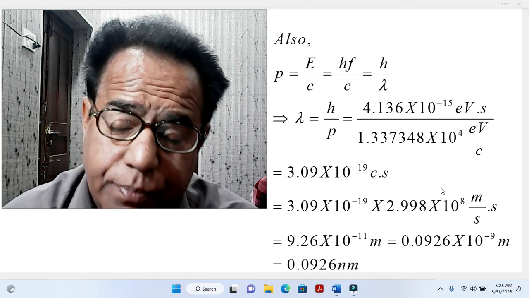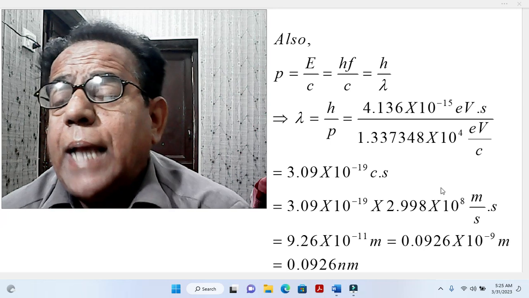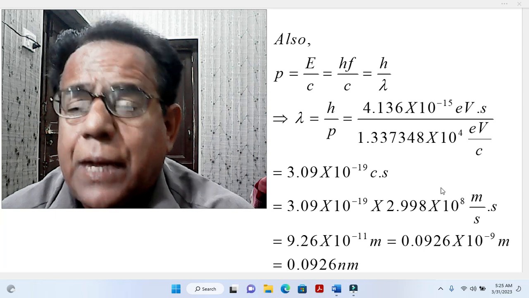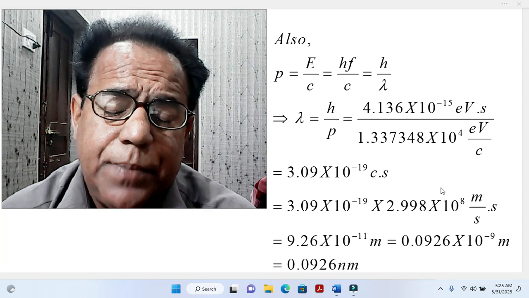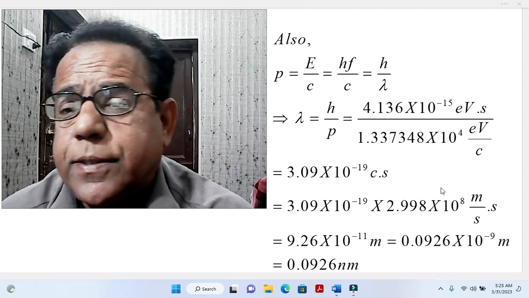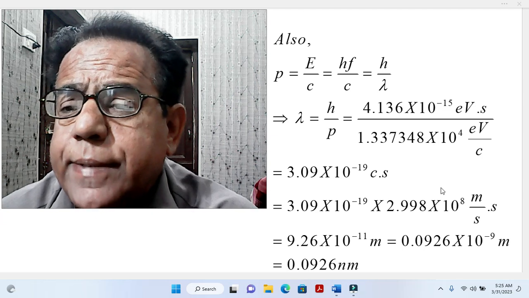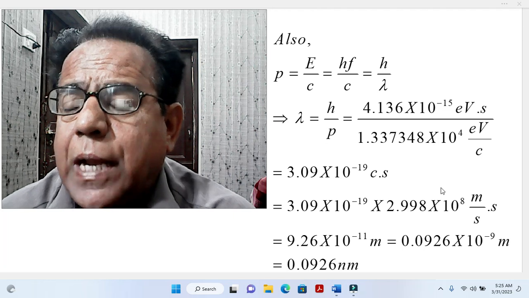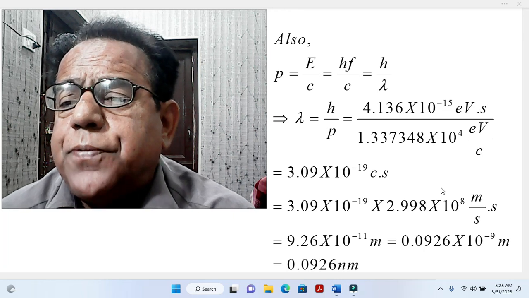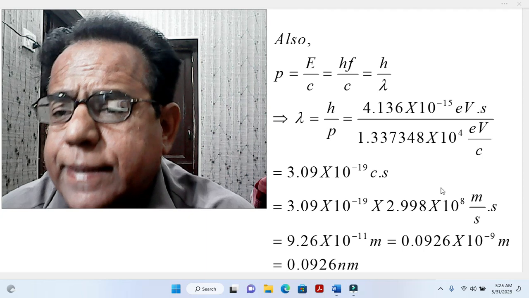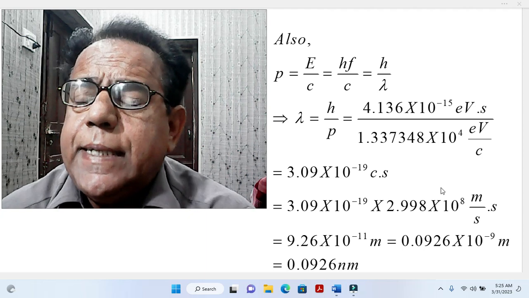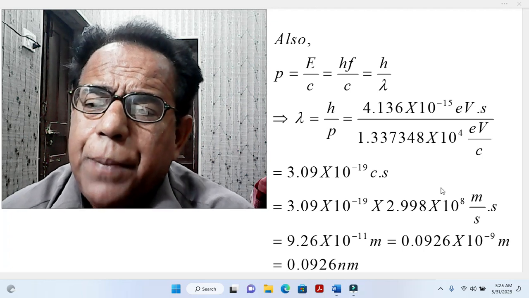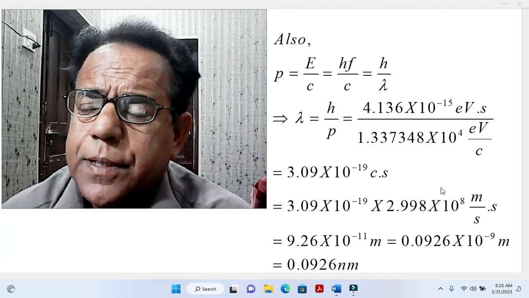Dear students, as I have mentioned many times previously, 10 to power minus 11 is not very suitable for us. What is suitable for us is 10 to power minus 3, minus 6, minus 9, minus 12, minus 15, or minus 18, that is, multiples of 1000.